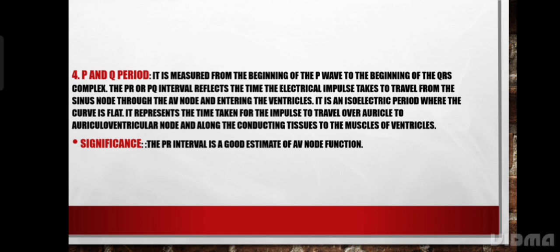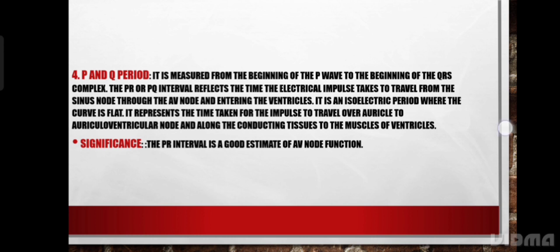It is an isoelectric period where the curve is flat. It represents the time taken for the impulse to travel over the atrium to the atrioventricular node and along the conducting tissue to the muscles of the ventricles.